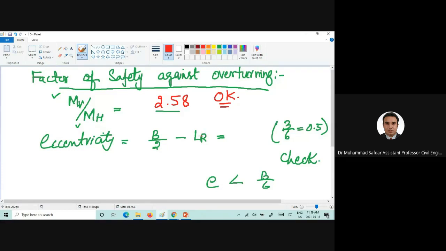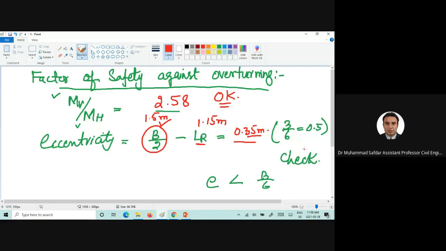Now, how about the eccentricity of the base reaction? So in order to find out the eccentricity of the base reaction, you can use this equation, B by 2 minus lever arm of the resultant, which was 1.15 meter, and B by 2 is equal to 1.5 meter. So the value of eccentricity would be 0.35 meter.